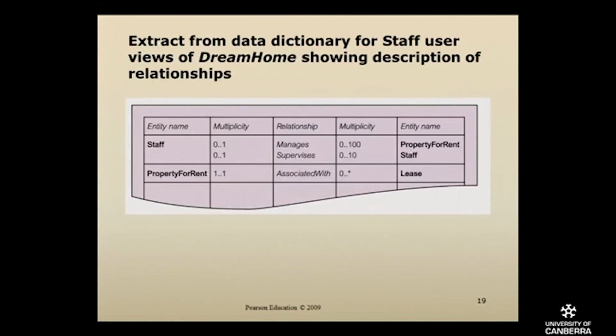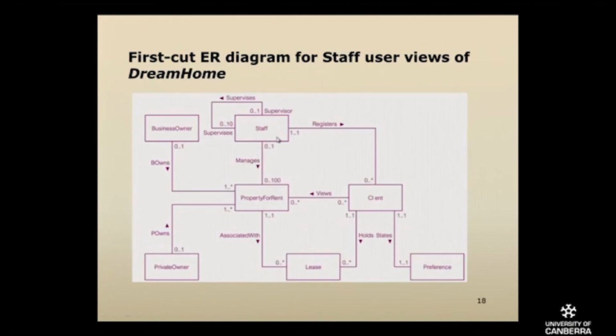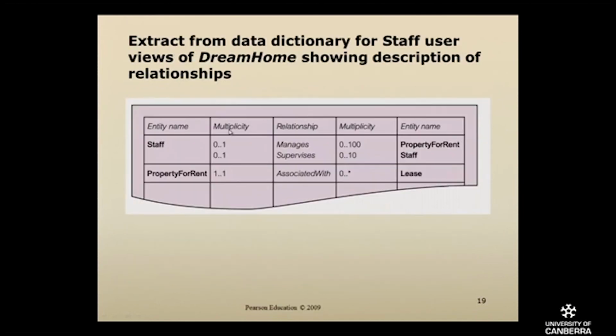For example, a staff has a one to 100 relationship to property for rent, and one to 10 to a staff. So basically, each staff manages up to 100 properties, you see? One staff manages 0 to 100 properties. And then one staff supervises another 10 staff. So that's what comes from your ER diagram.